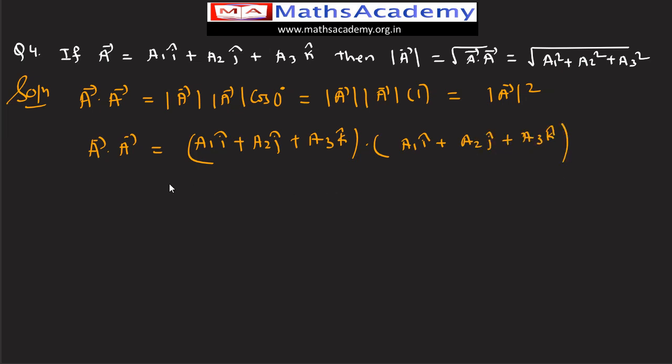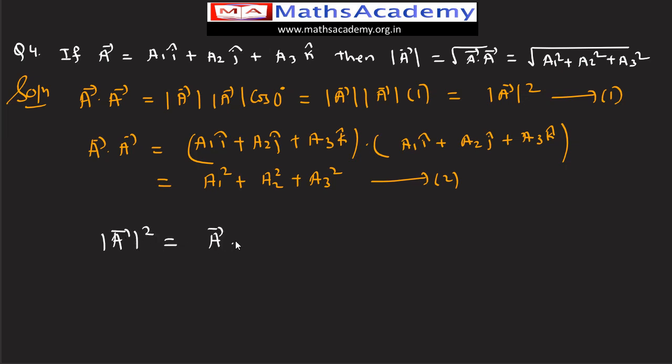So if we multiply component wise, we get A1 square plus A2 square plus A3 square. If you notice that equation 2 and equation 1 have the same left hand side, so we can say that mod of A square is nothing but A vector dot A vector, which is equal to A1 square plus A2 square plus A3 square.